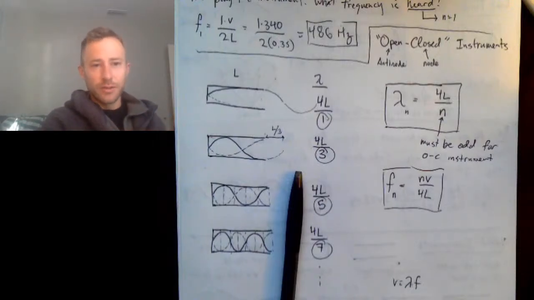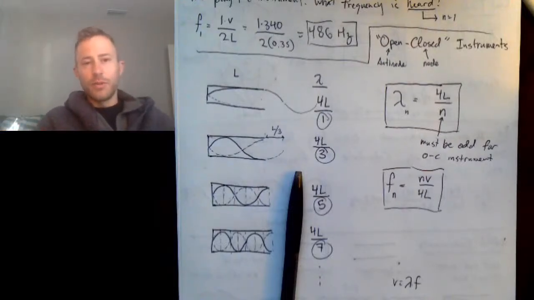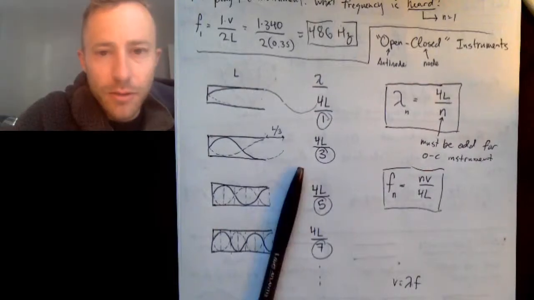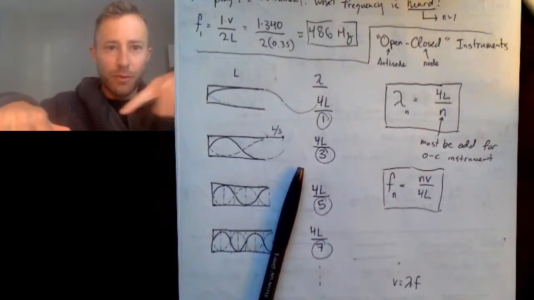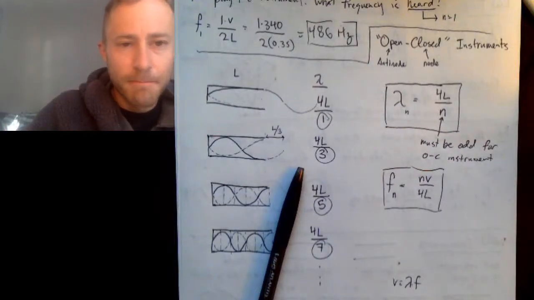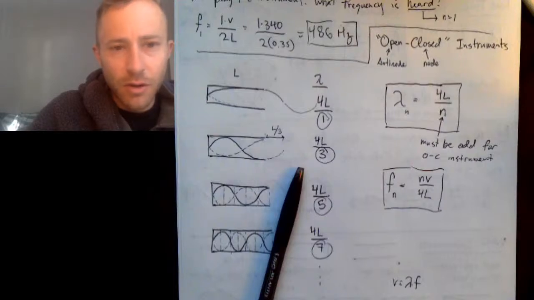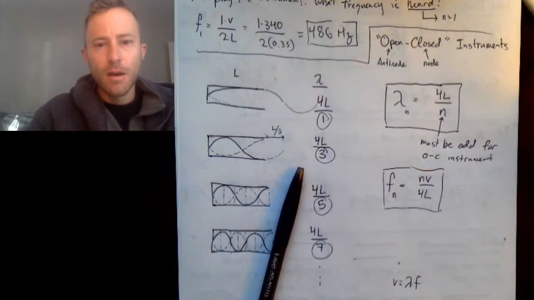A flute is essentially a one-dimensional tube. But a drum head is two-dimensional, right? You can go forward and back and side to side along the drum head. So drum heads are a lot more complicated, so we won't be talking about those.